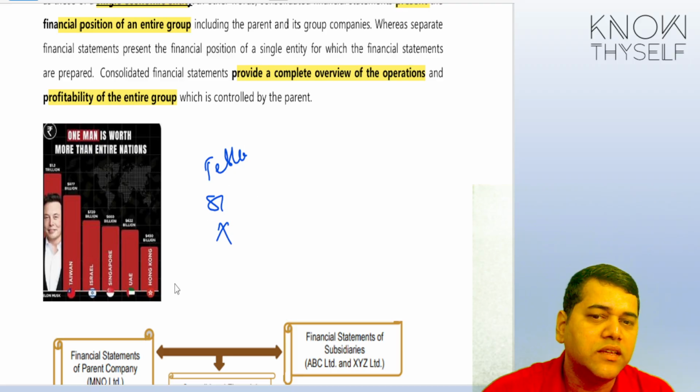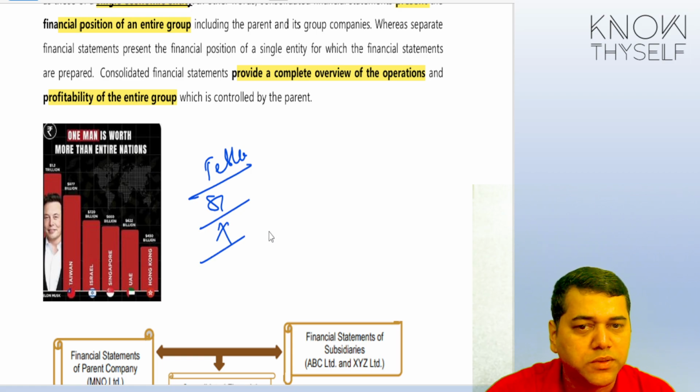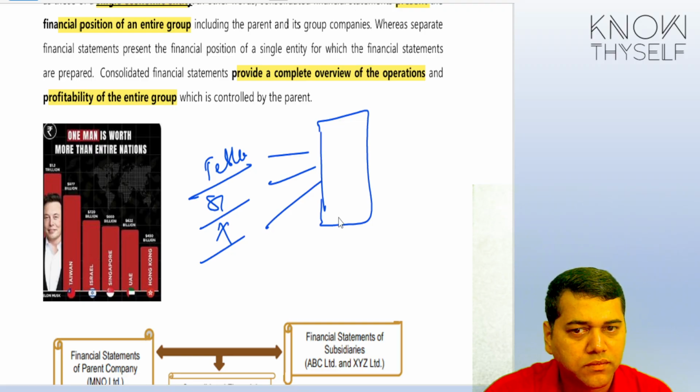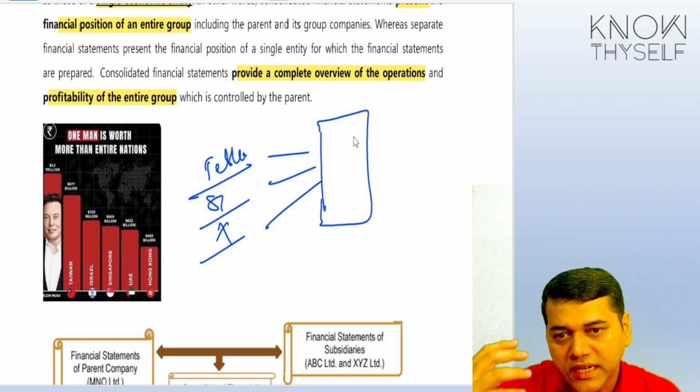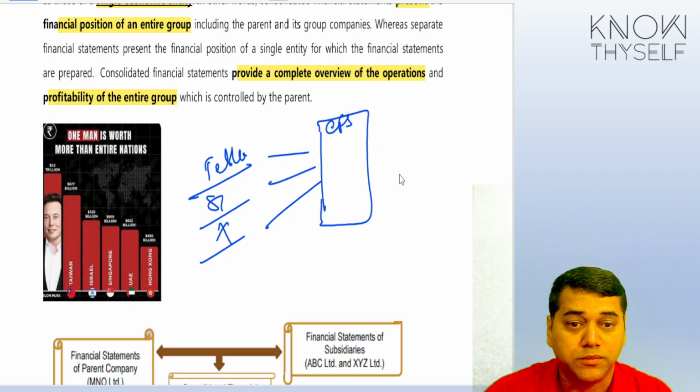So when we say he is the richest person, it is not just one entity making him the richest person on earth. There are so many entities which together make him the richest. We can get this overview only when we look at the CFS level, the consolidated financial statement.